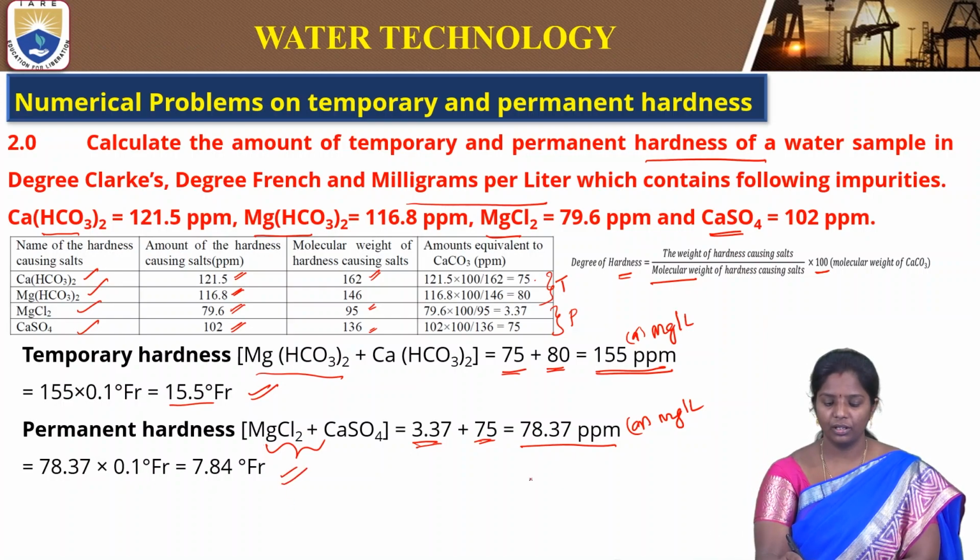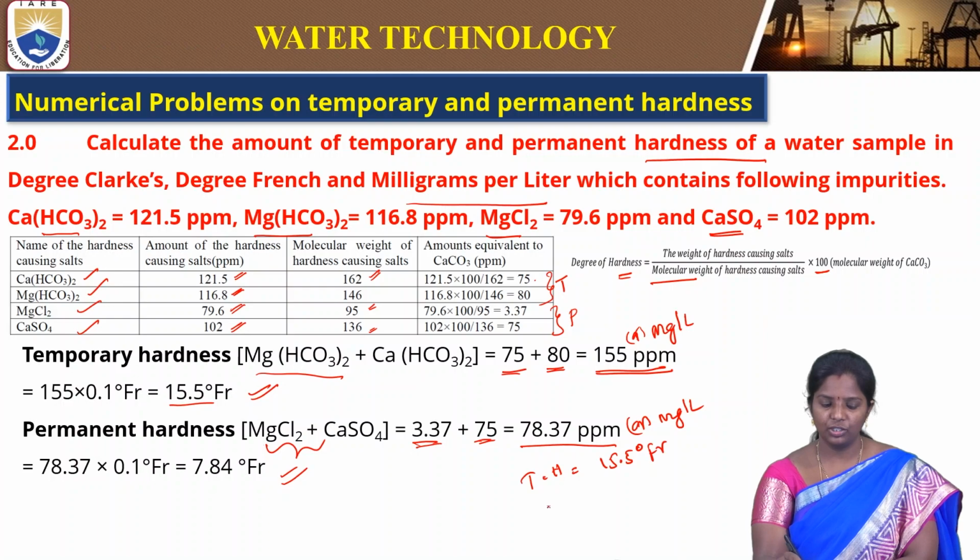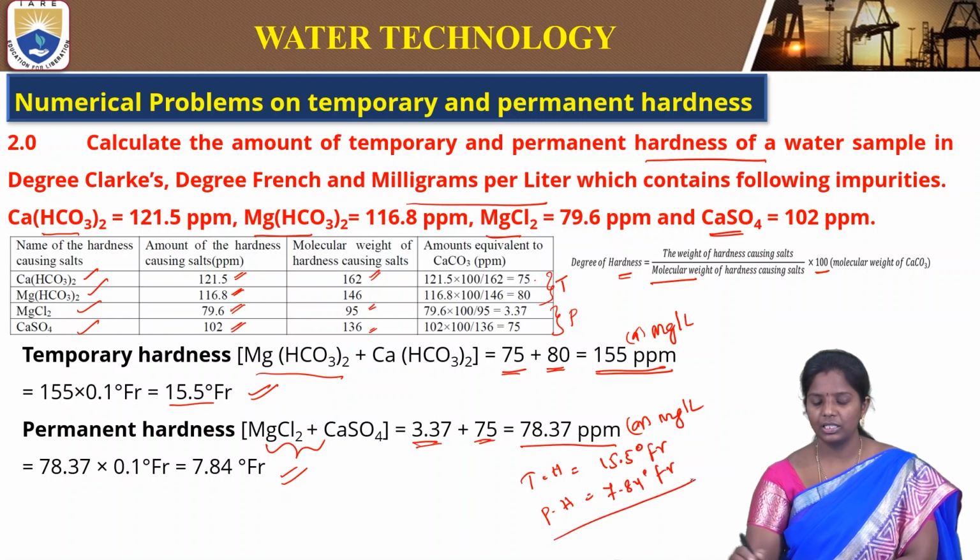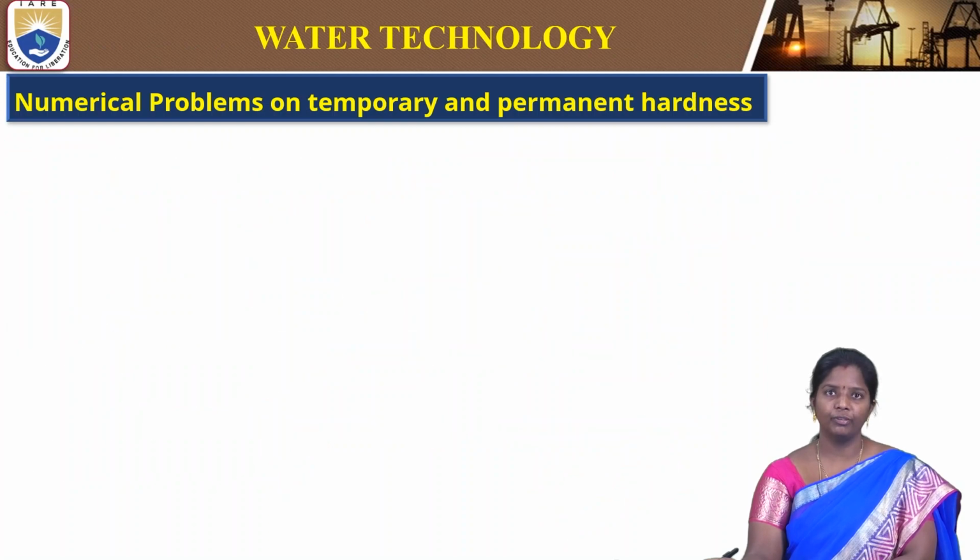These are the temporary and permanent hardnesses present in that water sample in degree French. If you see this sample, the permanent hardness is low compared to temporary hardness. So before moving to permanent hardness removal, we have to boil the water and try to remove the temporary hardness, so that as much hardness as possible is removed by boiling itself.